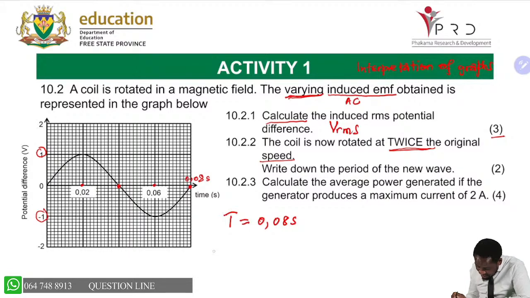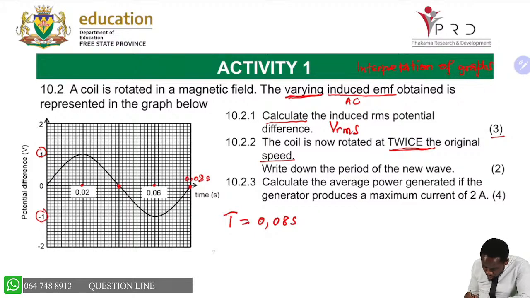Then the follow-up question says, calculate the average power, P average, generated by the generator if it produces a maximum current of 2 amperes. So what do we know? We know that I max is equal to 2 amperes.